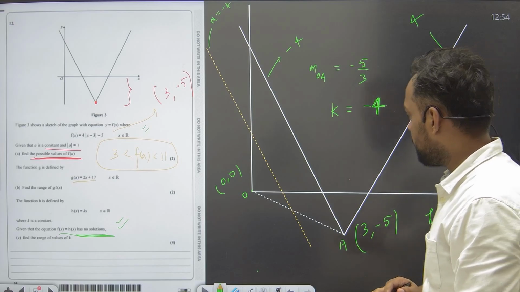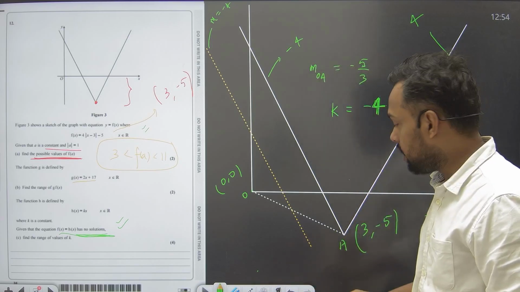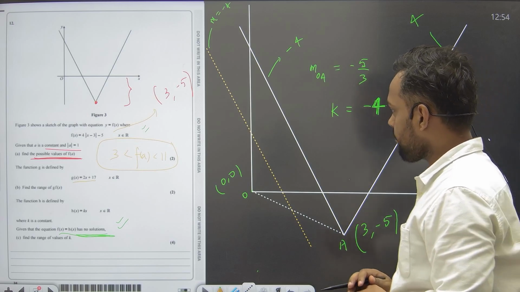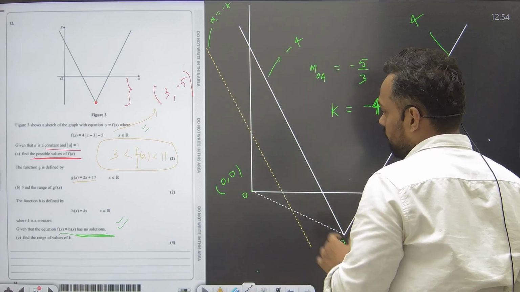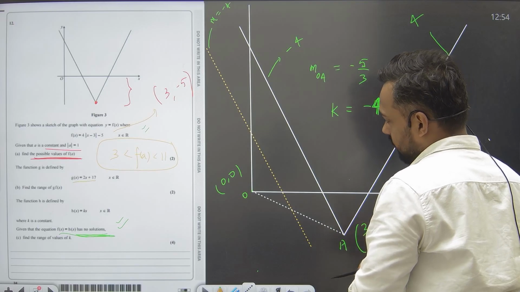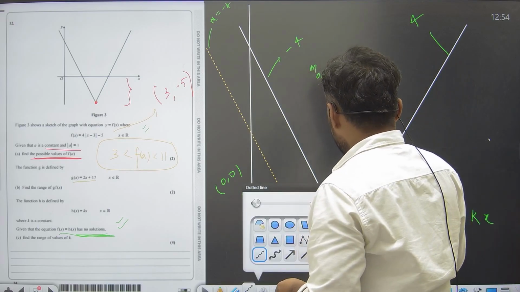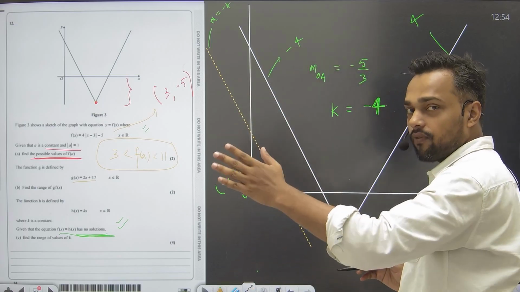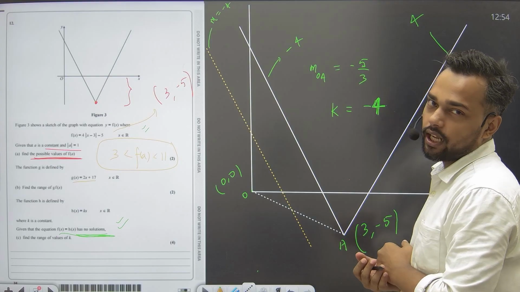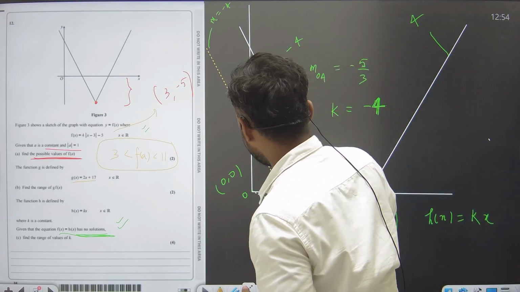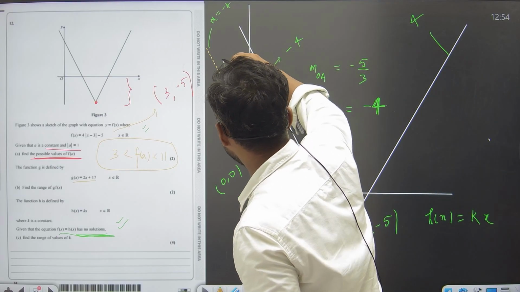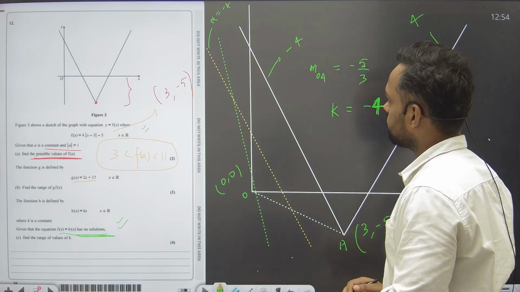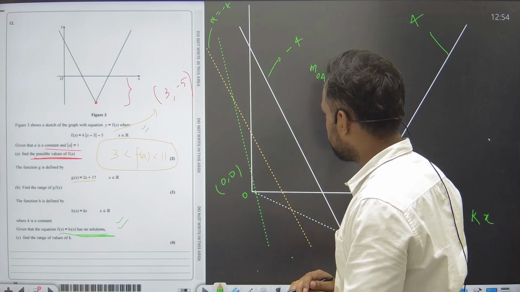If I plot it again, and if I take any line with k less than negative 4, the slope of the line less than negative 4, passing through this particular point, it will be like this.